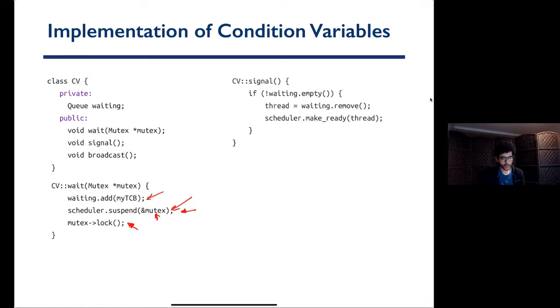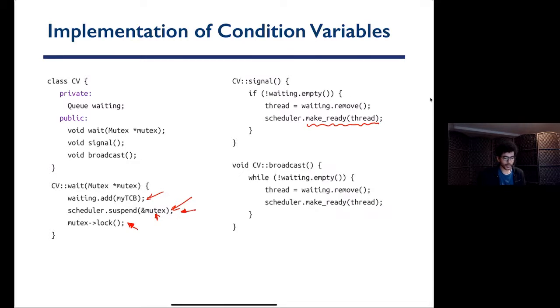Now let's look at signal. The signal is going to check the waiting list. If there are any, then we just change their state from waiting to ready, and we remove them from waiting. As you can see, we're just changing their state. We're making them ready. We're not going to run them.